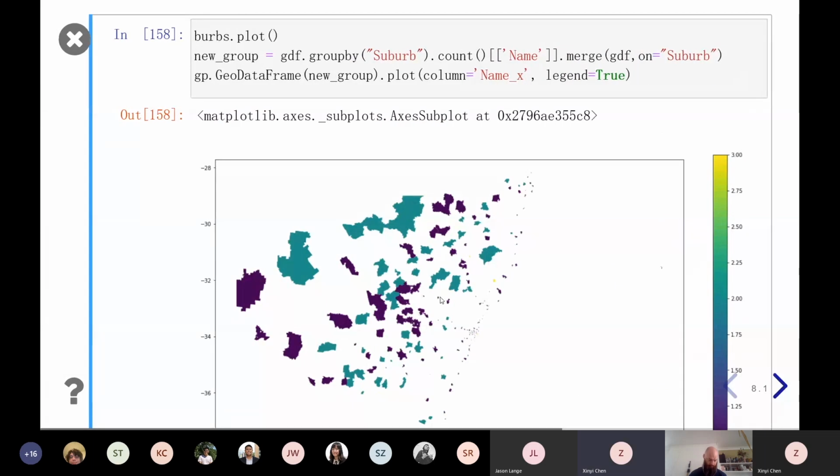Basically most suburbs have 2 or 1 hospital located in each suburb, and maybe a little bit like here, this suburb has 3 hospitals in this area. There is also another suburb that has 3 hospitals.